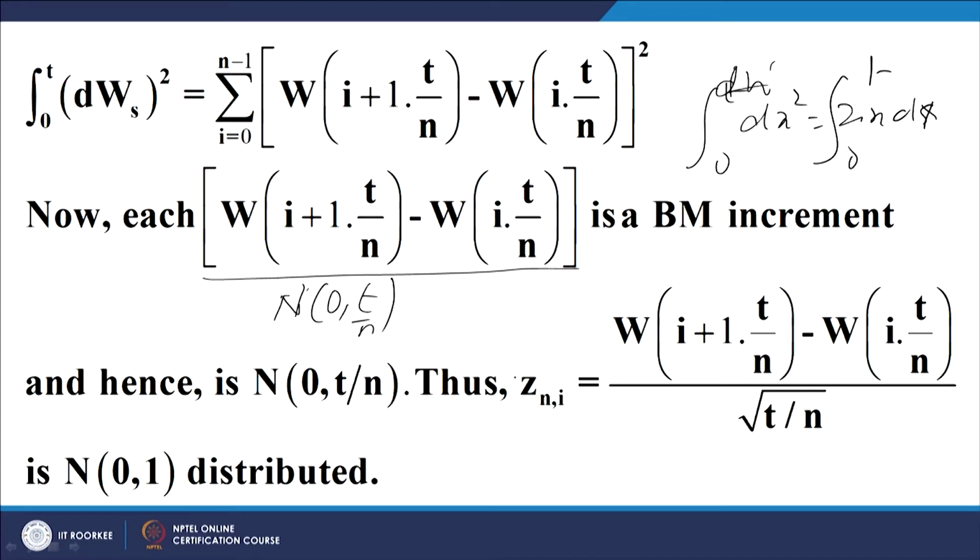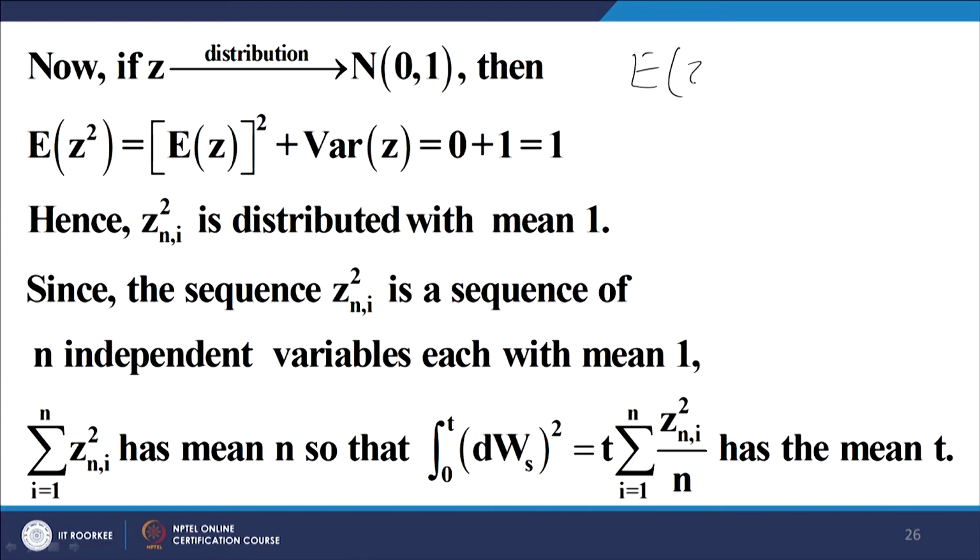If I were to multiply this standard normal variate by root t by n, I would get a normal variate with a mean of 0 and a variance of t upon n. Now, what is the value of the mean of a standard normal variate? That is the next question, shown here.